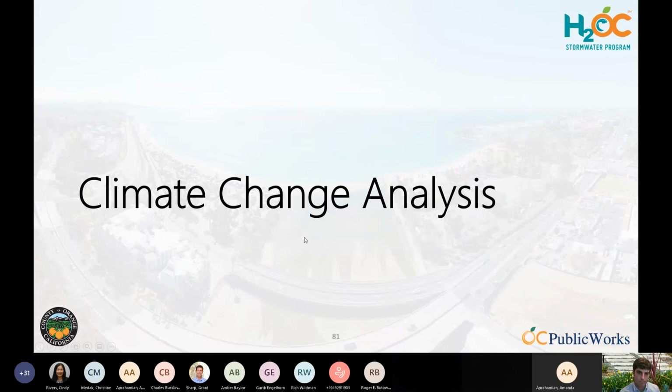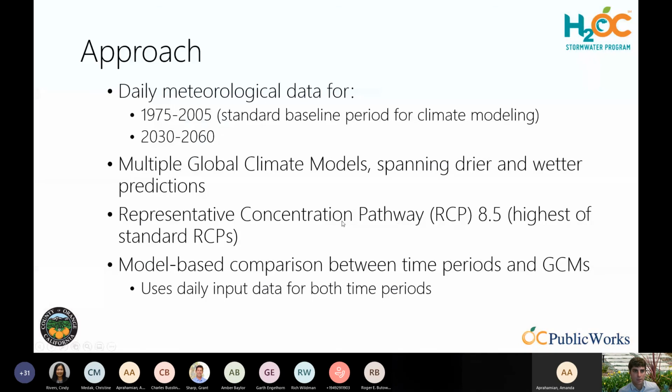Great. So, climate. The way we approached this was effectively a sensitivity analysis. We obviously don't know where the climate is going. We have some models that span different projections. We also do not have hourly data for climate.